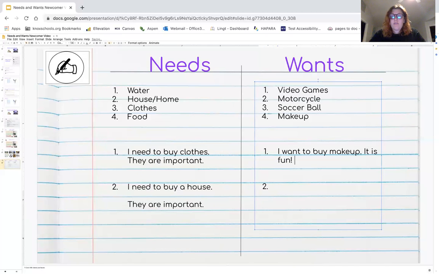It is fun, right? Our wants are the fun things. Our needs are the important things. Our wants are fun. So I want to buy makeup because it's fun. What do you want to buy? Write 2 sentences about what you want to buy.